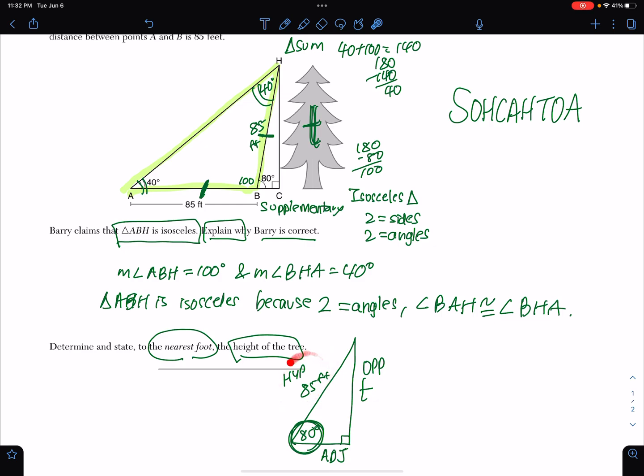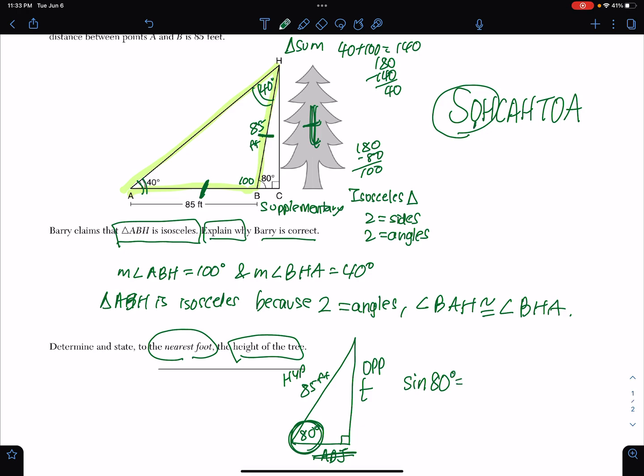I have the 85, so I need this. Adjacent is blank, so I'm not using that. So in which part of SOHCAHTOA do we see opposite and hypotenuse stuck together? That would be sine, which means it's sine 80 degrees.